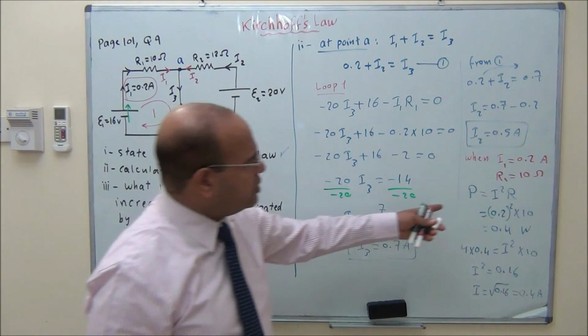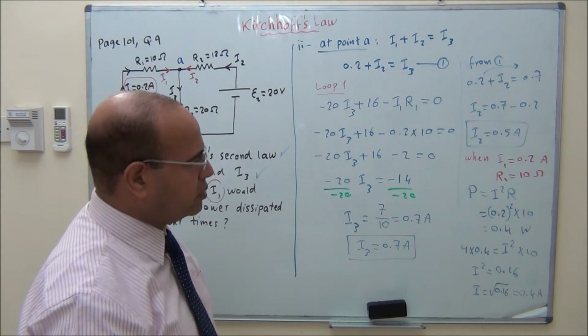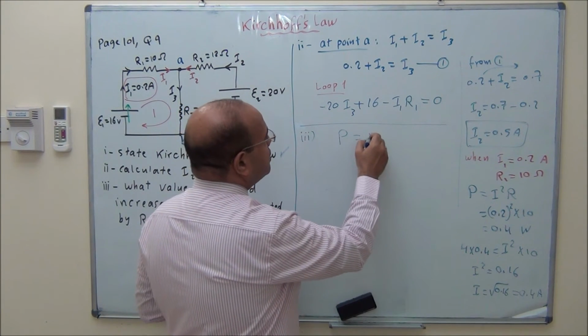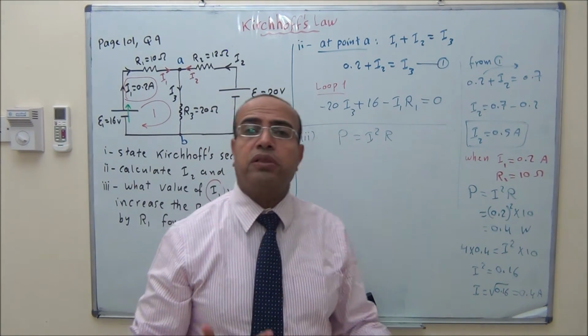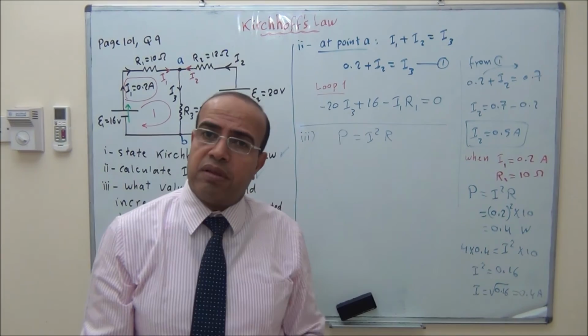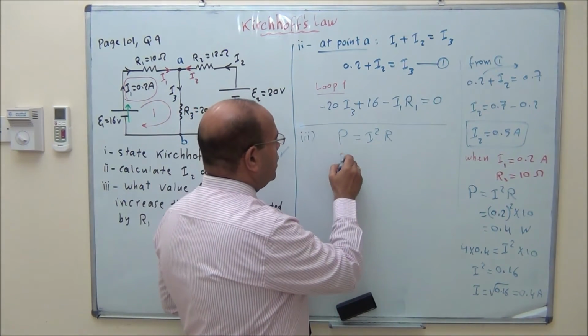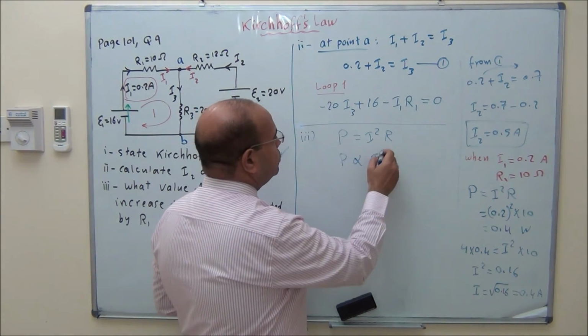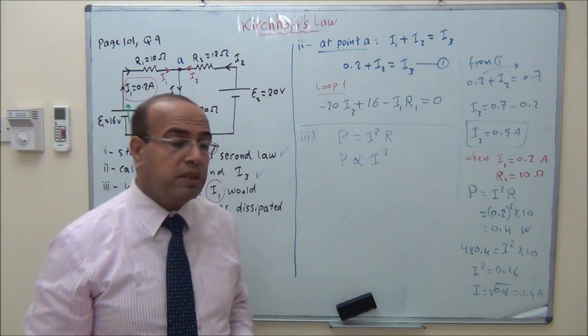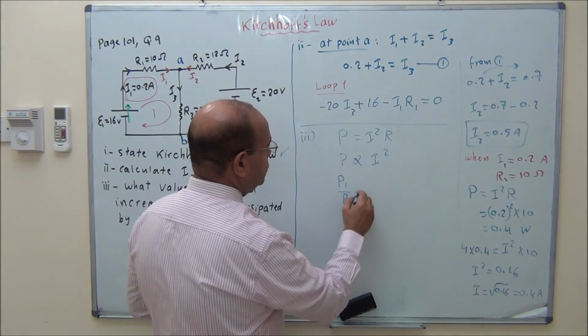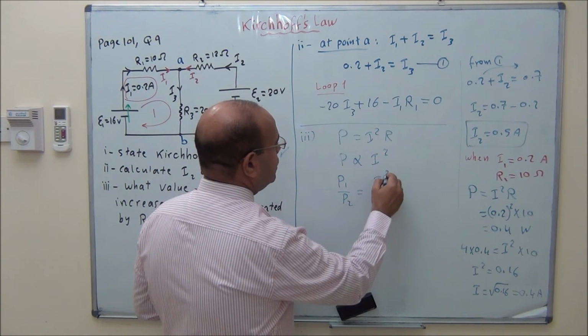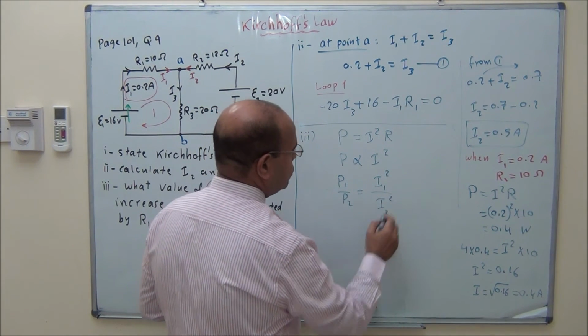We can solve this part in another way. P equals I squared R. Because R is constant, we just need a relation between the power and the current. So we say the power is directly proportional to I squared. Then we can say P1 over P2 equals I1 squared over I2 squared.